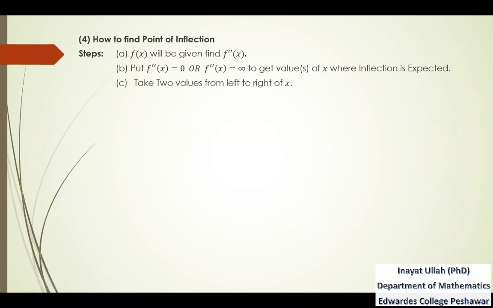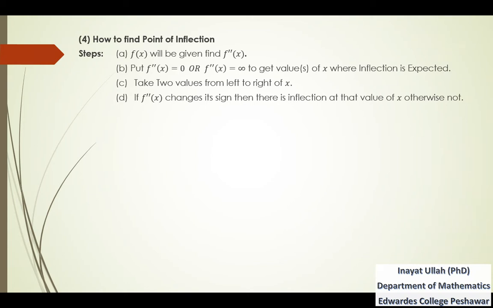The value of x obtained by putting f double prime x equal to 0 or infinity, we will take two values of x from left and right of that x, and put them into the second derivative f double prime, and you see whether f double prime changes its sign, because at a point of inflection one side is concave up and the other side is concave down.